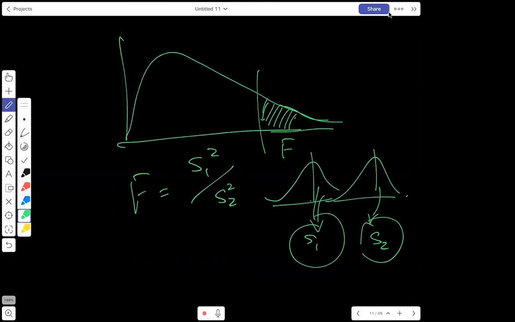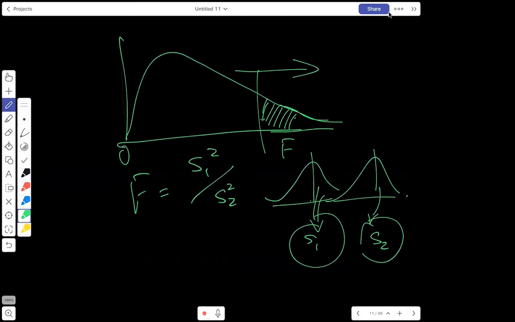And what will happen is that if the variance of one is much larger than the variance of the other, so if S1 is much larger than S2, then I will find myself moving in that direction, because the value here is 0, okay? And this distribution has two different degrees of freedom.